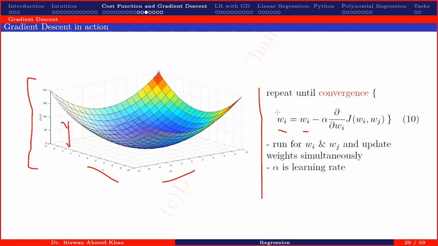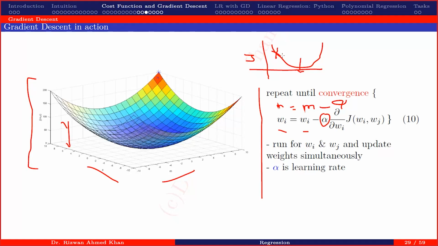So let's say if this is M, so M equals M minus alpha. I will explain this alpha. Alpha is the learning rate. So let's say this is our cost function in 2D, and we are over here, and we want to reach this point, because this is the minimum value of cost. Alpha will dictate how long the steps the algorithm should take.